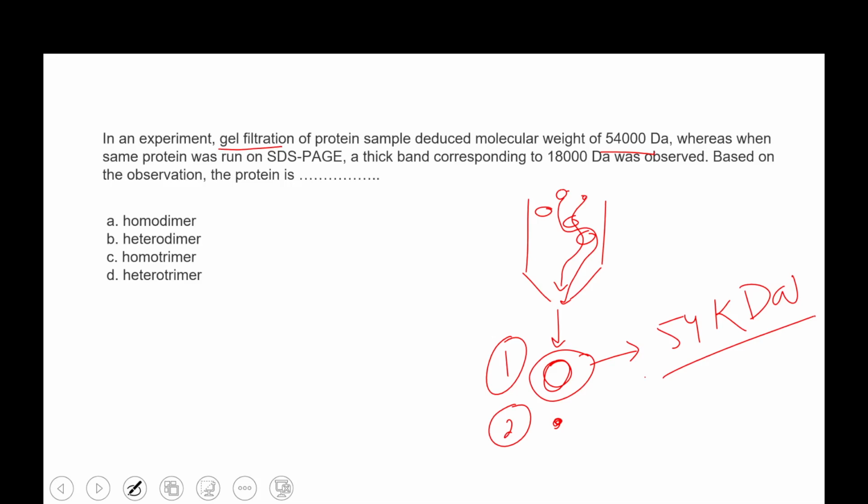So SDS brings the protein to its primary structure.